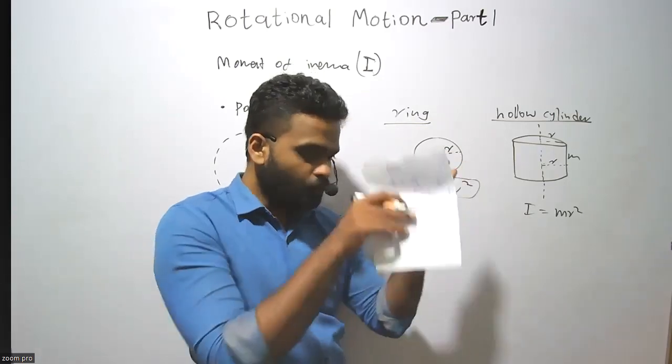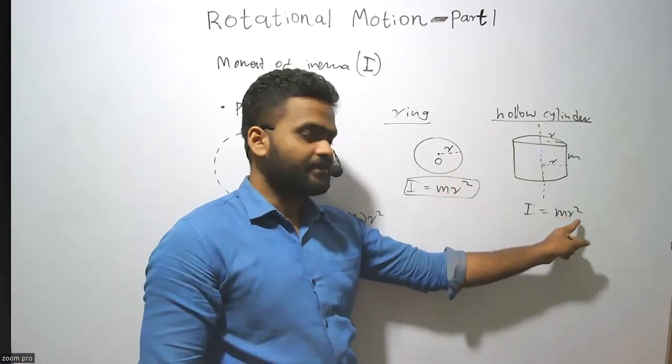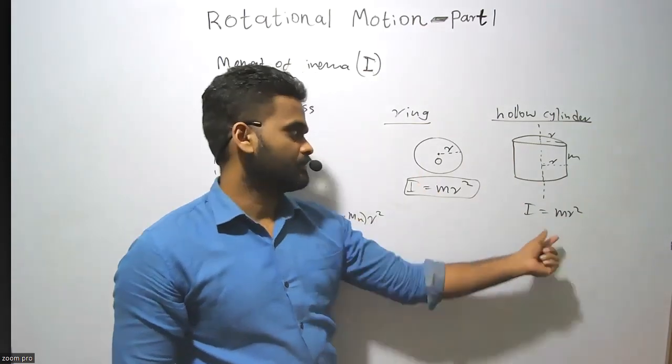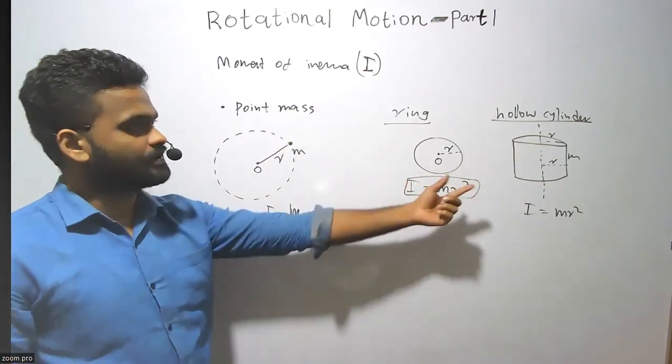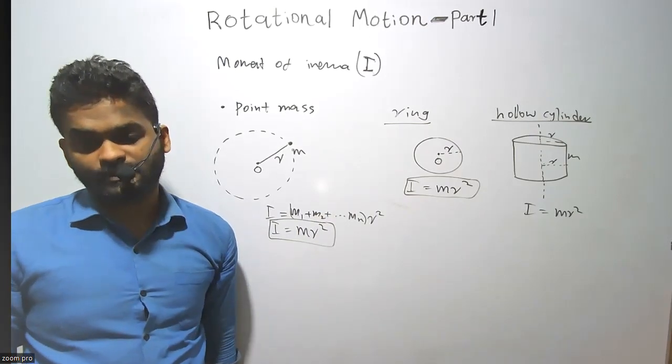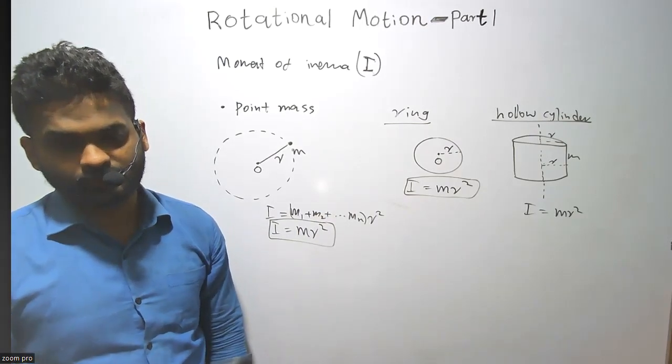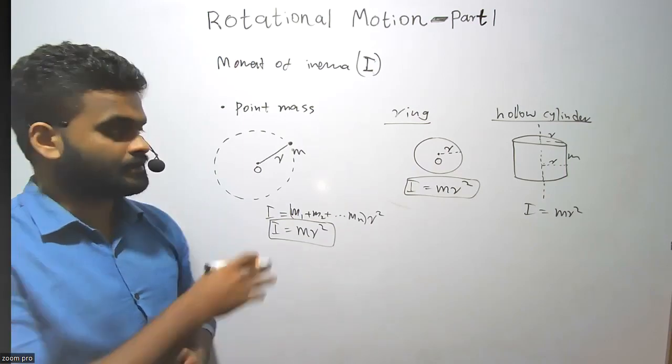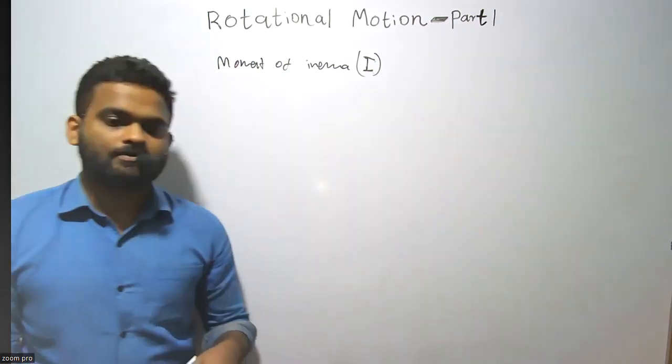So when you add all those, you get the same equation, mr squared. So for all these three, we have the same equation to find the moment of inertia, right? Just take this down.